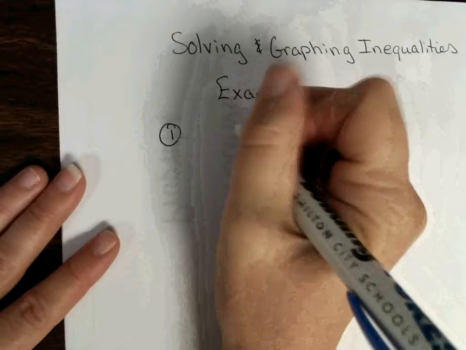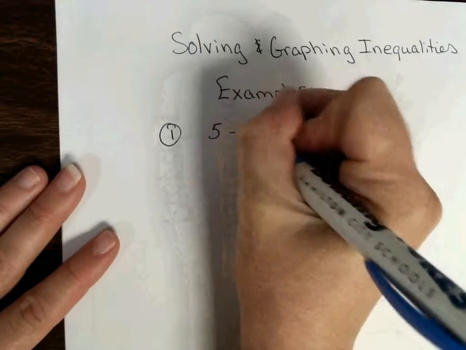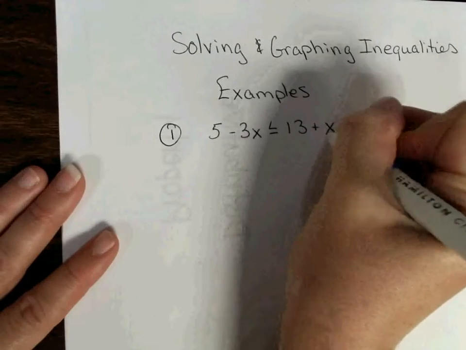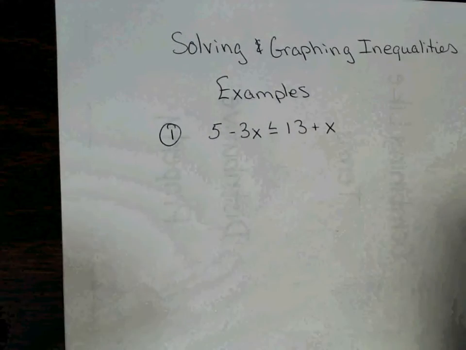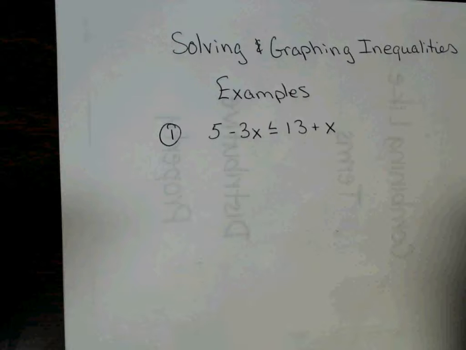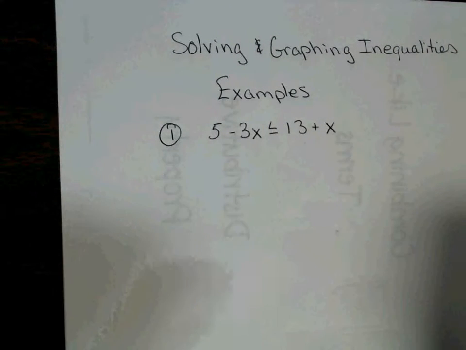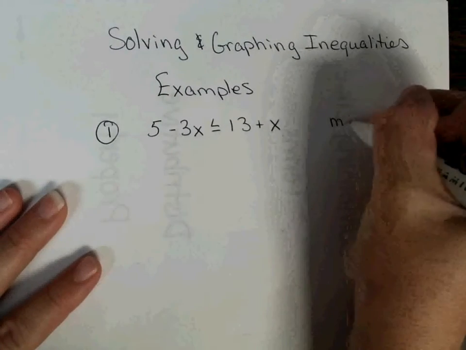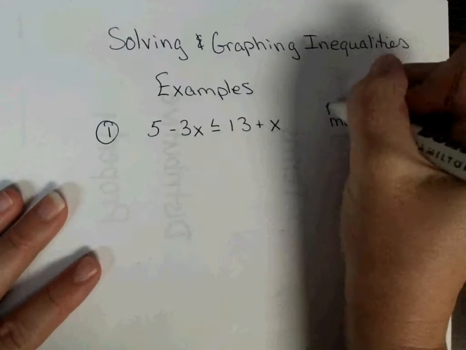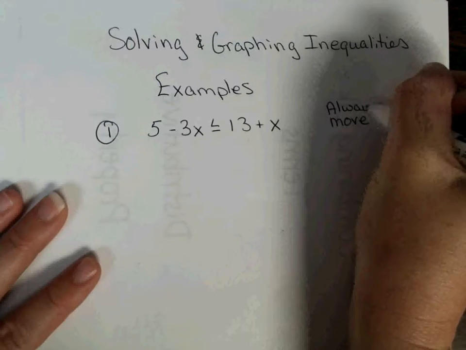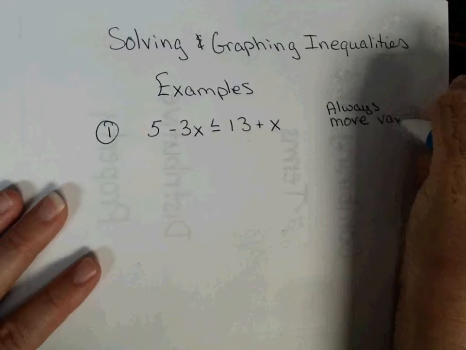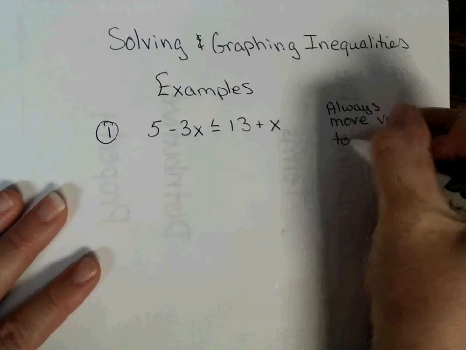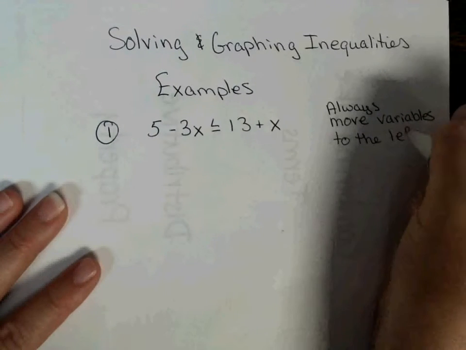Number 1. Five minus 3x is less than or equal to 13 plus x. I'm going to always move variables to the left.